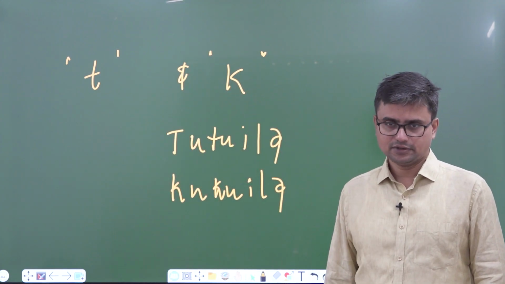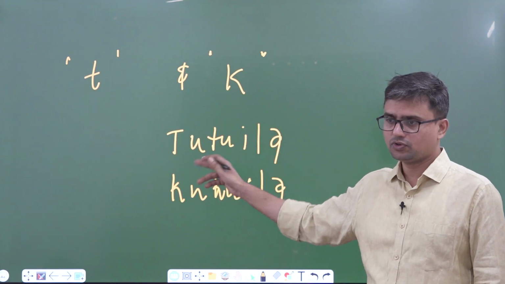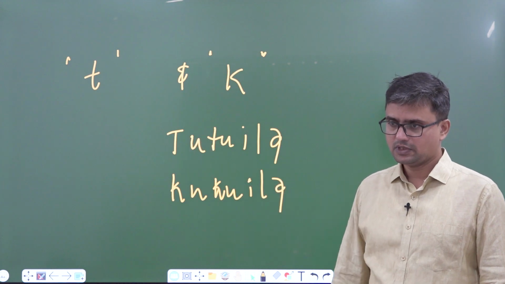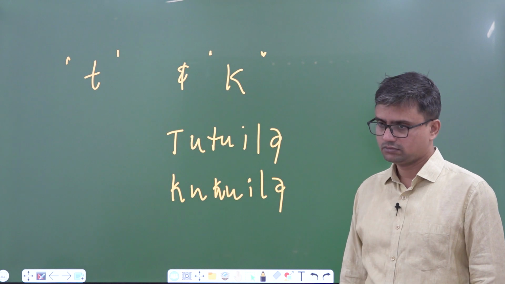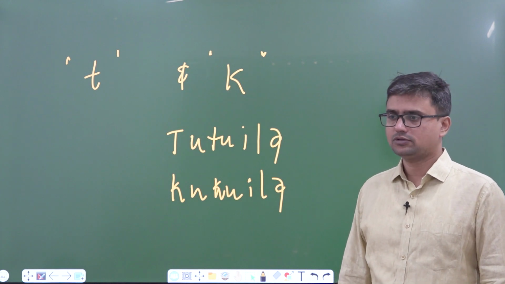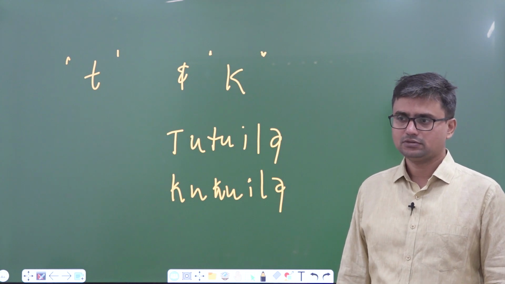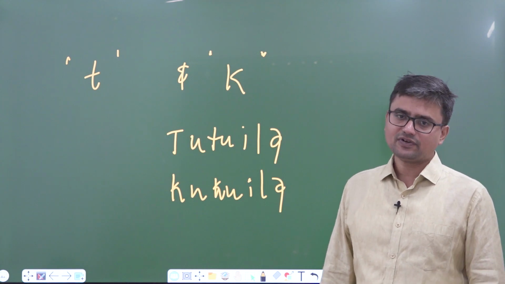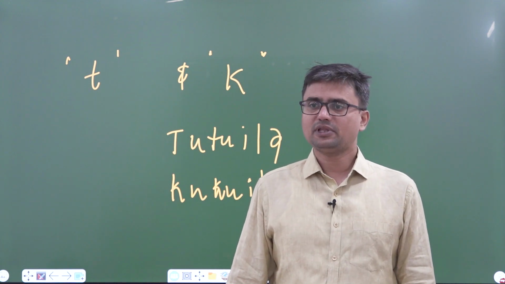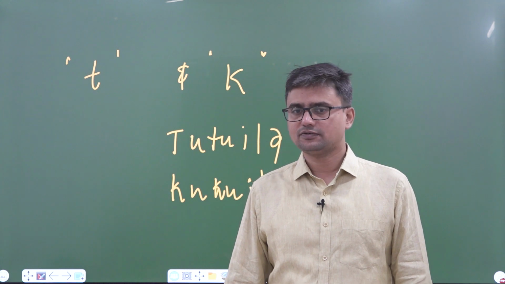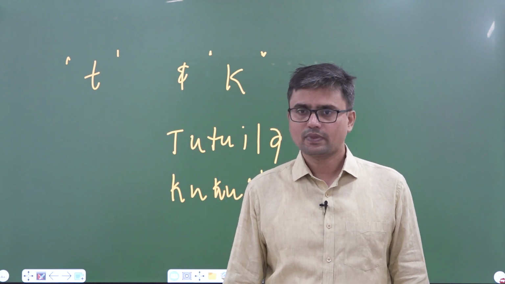There may be a particular language. They might be using that T and K interchangeably without losing the actual meaning. Say for example, we have an island by name Tutuila. Kukuila. So people may think Tutuila is different, Kukuila is different, because the way it is spelled, it is different.